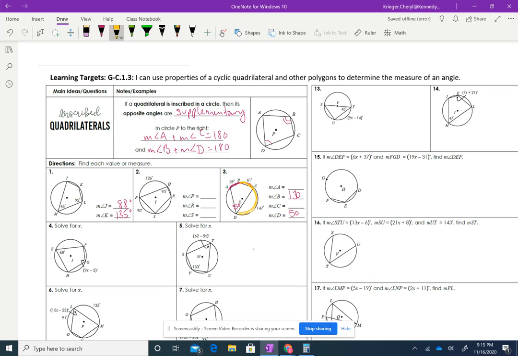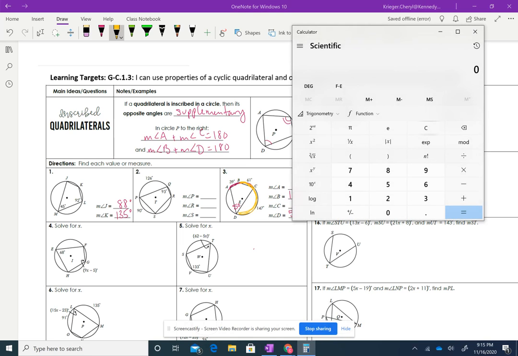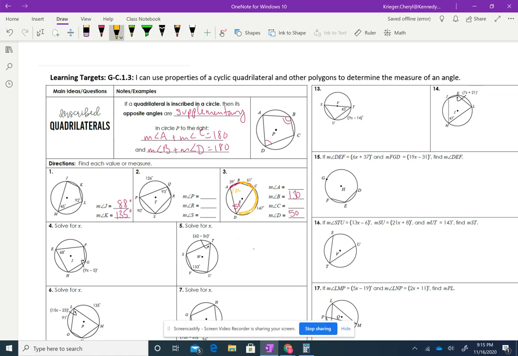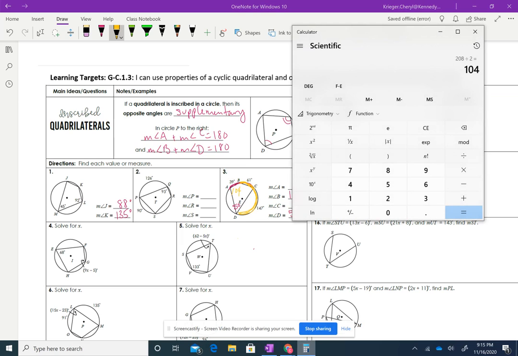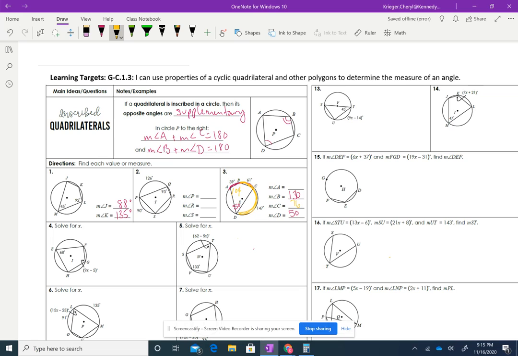That's its arc. So 61 plus 147, and I'll divide that by 2 to get angle A is 104. And so angle C is supplementary to that. So 104 from 180 is 76. So C is 76, A is 104.